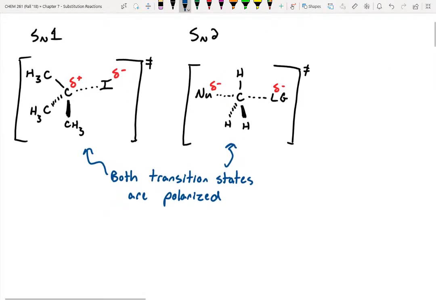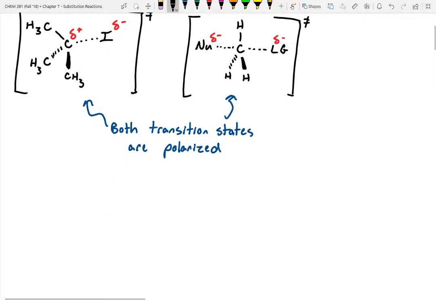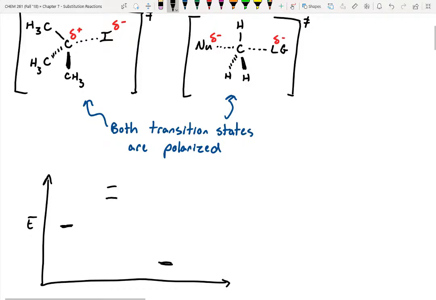So let's compare both of these. I'm just going to use a generic hump for an SN2 reaction. We're not changing the starting materials or products. We're only considering the transition states, right? So let's say we've got a blue pathway with a higher transition state energy than this green pathway that's lower. Which reaction is going to be faster, the green pathway or the blue pathway? Green one, right?